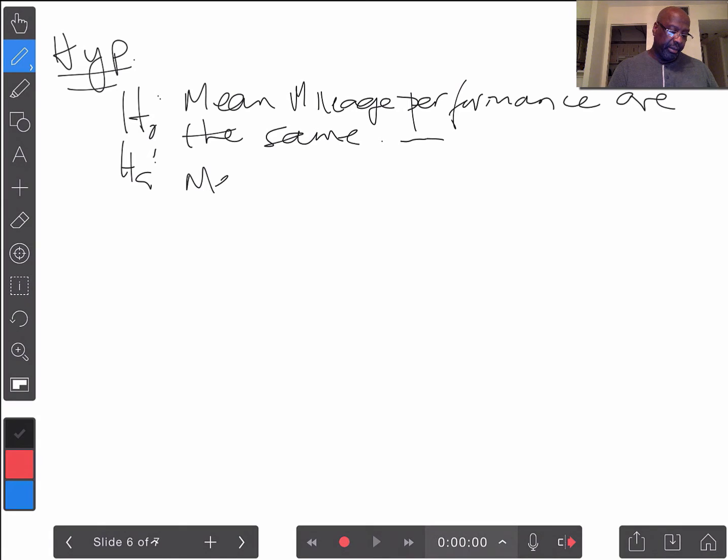Versus the mean mileage performance differ.